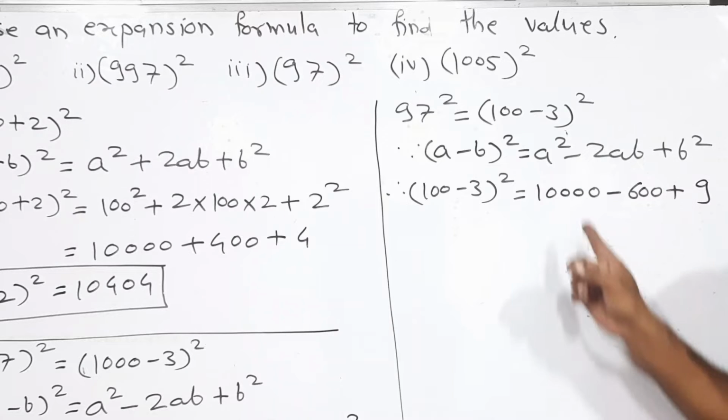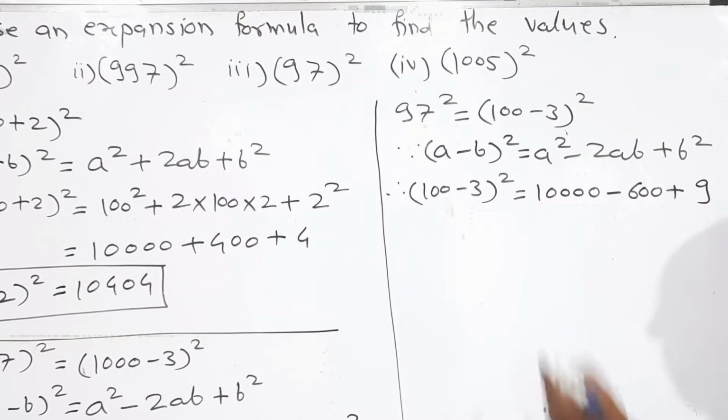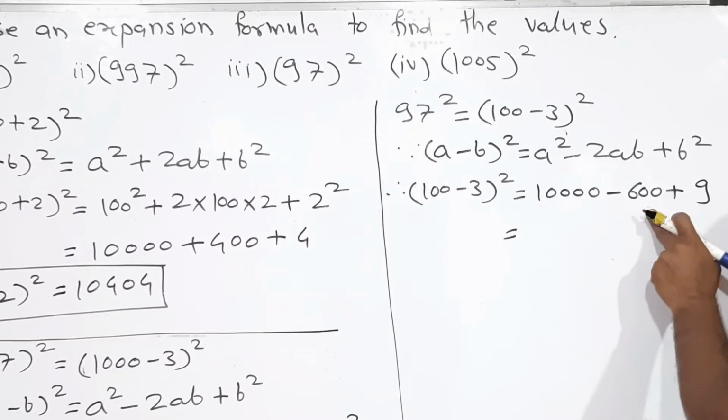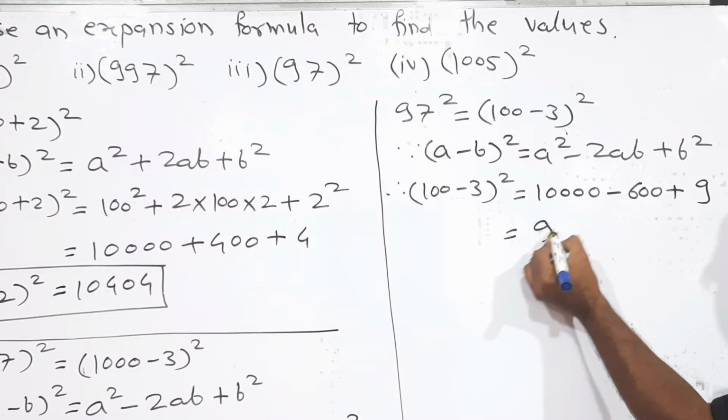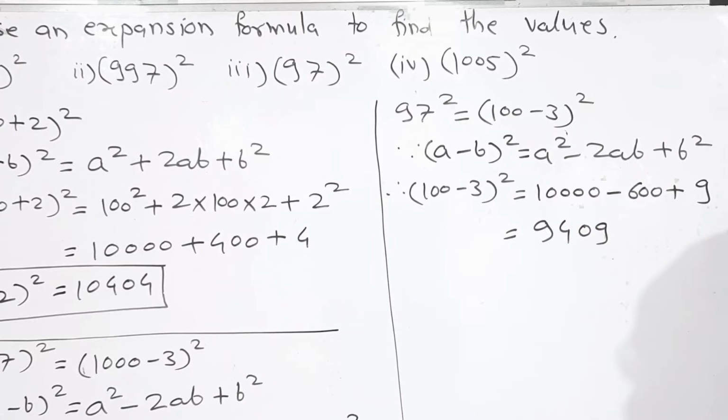Got it? We can directly write this calculation also. So that is equal to 10,000 minus 600 is 9,400 plus 9. So the answer is 9,409. Finish.